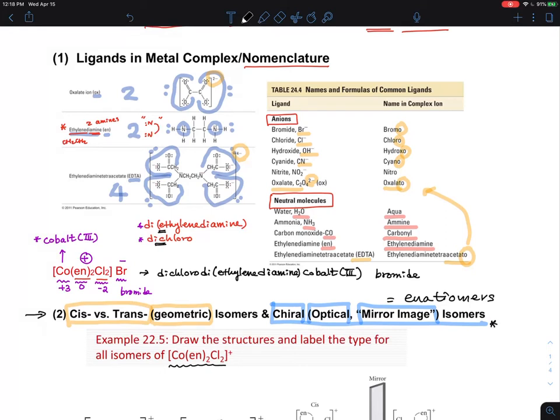It's almost like a left hand and a right hand molecule. If you try to put a left-handed glove on your right hand, it doesn't fit. So they are different molecules. The left hand and right hand molecules are not the same. They are sort of like mirror images, right?